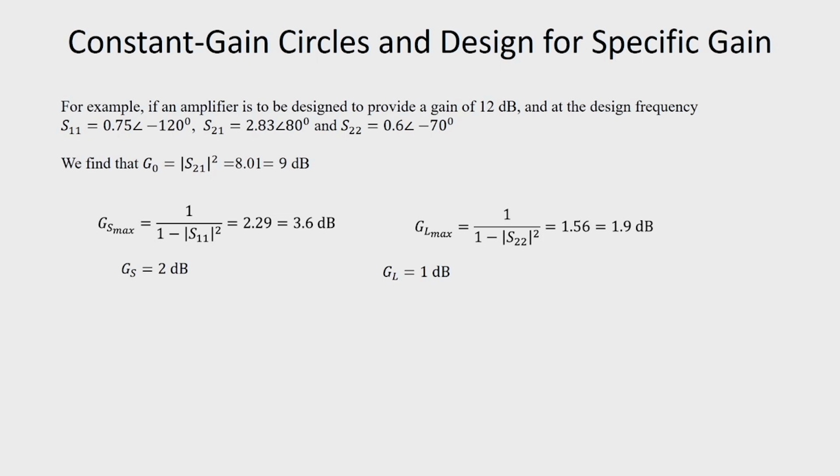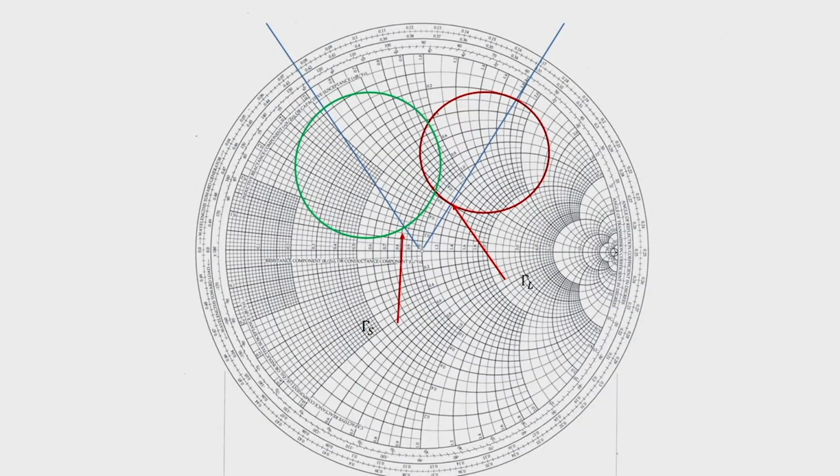And also we know that this constant Gs circle will have its center at 120 degrees, because it lies along the line defining the angle of S11 conjugate. Similarly, the other circle will lie at 70 degrees.